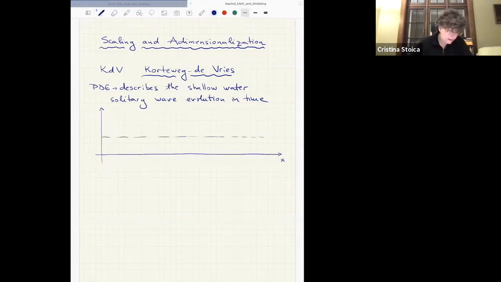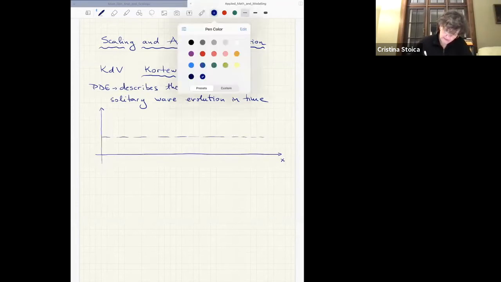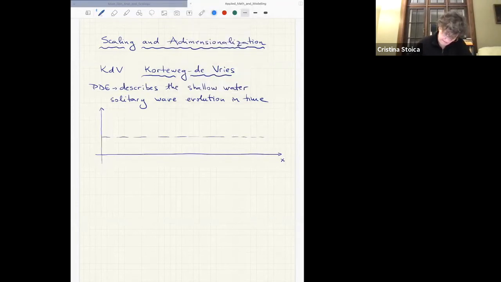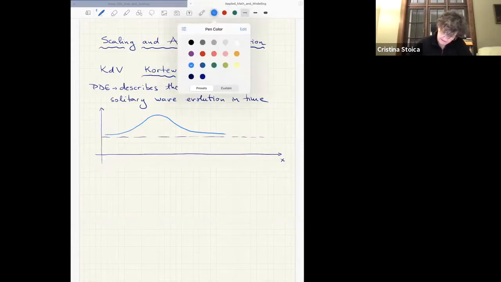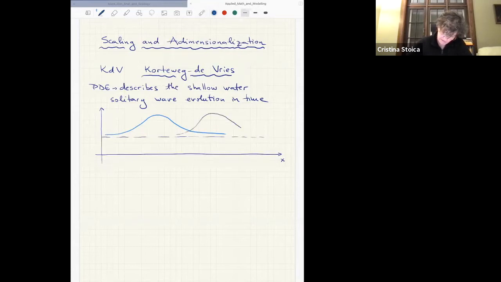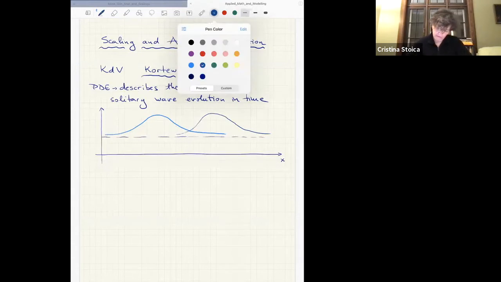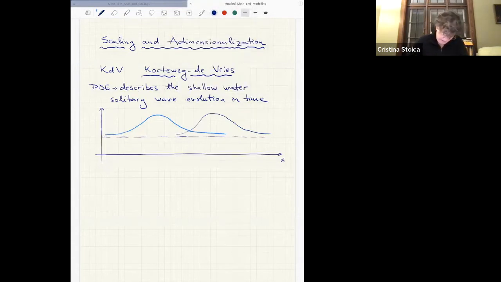And then on top of it is this wave that travels. So it's here now, and then later the same wave might be here, but I don't want to fill in the picture with all kinds of stuff. I really hope you're going to see the video with this experiment.